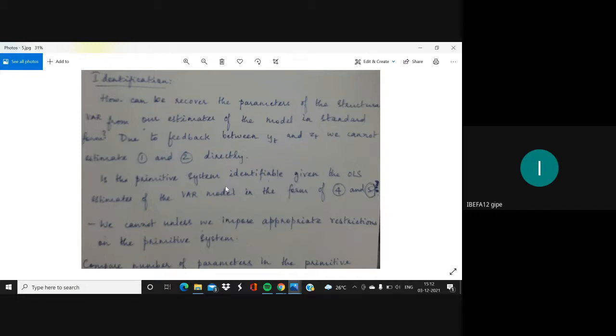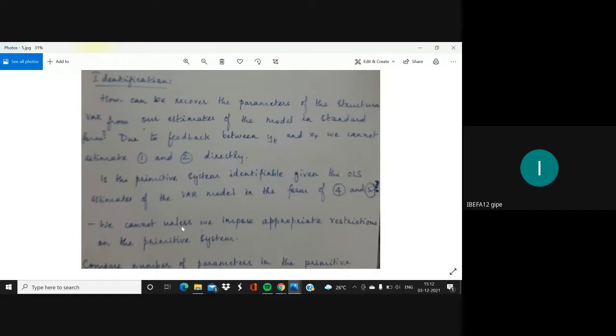Now, is the primitive system identifiable given the OLS estimates of the VAR model in the form of equation 4 and 5? Can we actually recover or get unique estimates of all the parameters from our primitive system, or from equation 1 and 2, if we estimate the VAR model that was there in equation 4 and 5, the VAR model in the standard form?